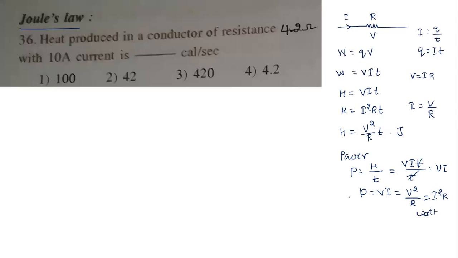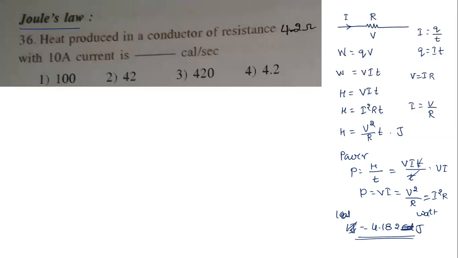Here is one conversion you should know: 1 calorie is equal to 4.182 joule. You should know this because sometimes they will ask about energy conversion.